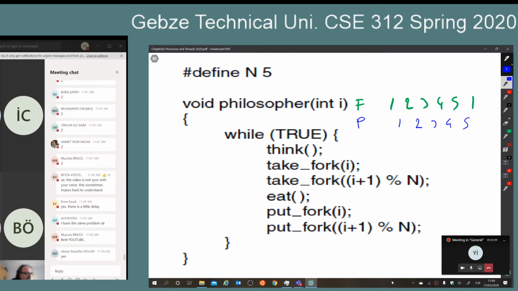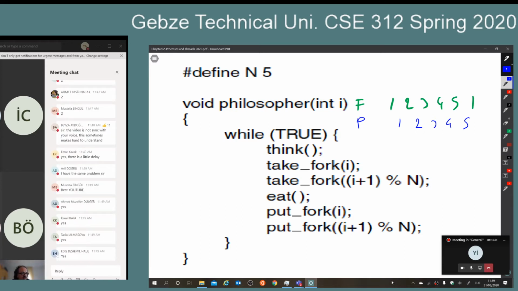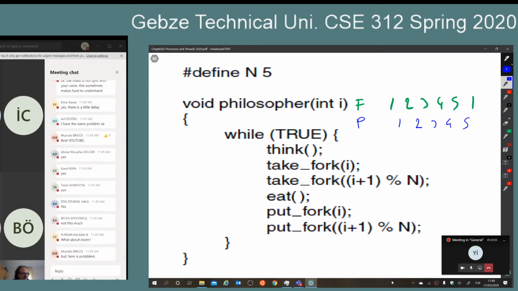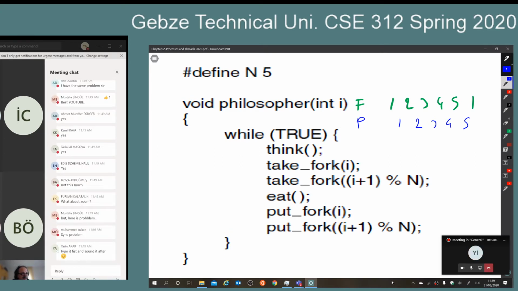Mustafa, we cannot go back to YouTube. The dean says that there is no YouTube. Don't use YouTube. Is anybody getting this right without any sync problem?